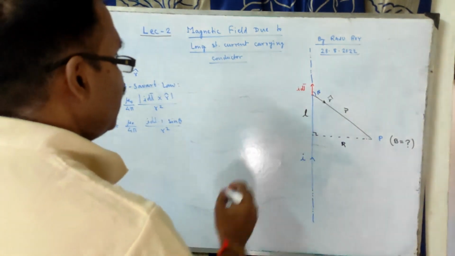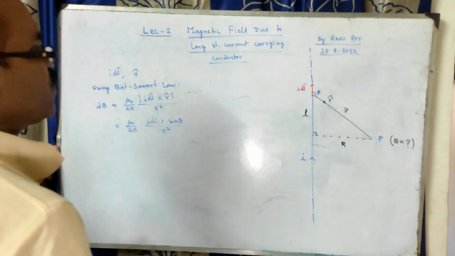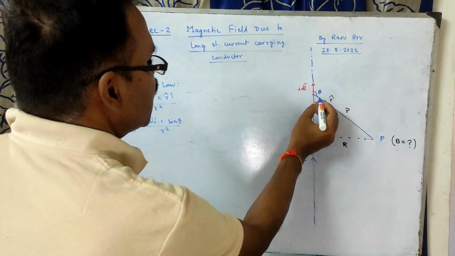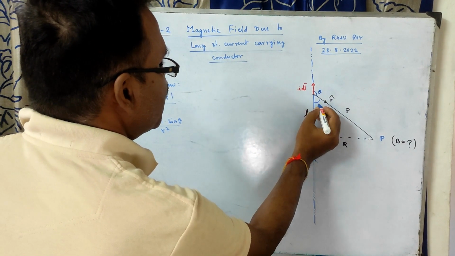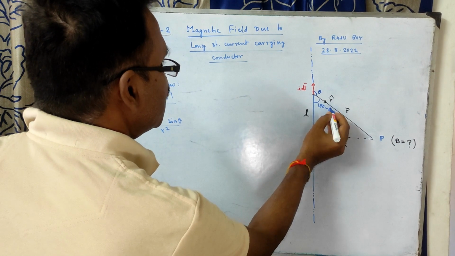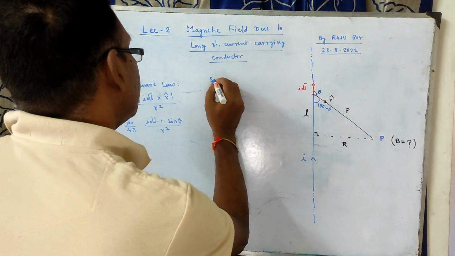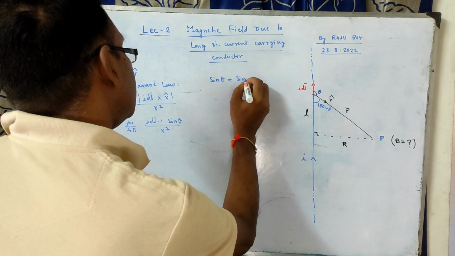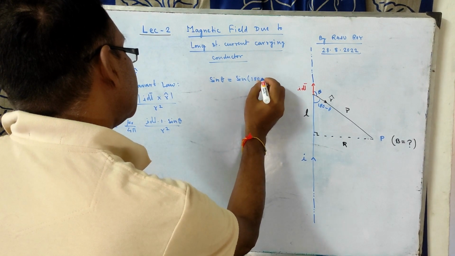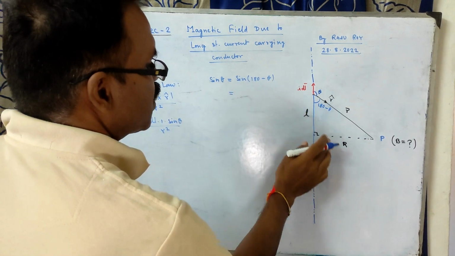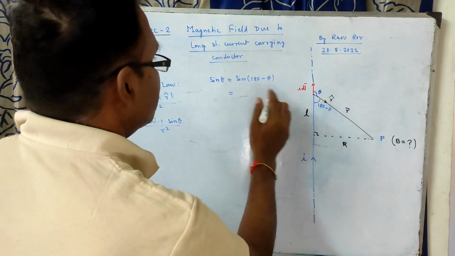Now we will find the value of sin theta. If this is theta, this will be 180 minus theta. So sin theta is equal to sin of 180 minus theta. Sin of 180 minus theta is opposite by hypotenuse.